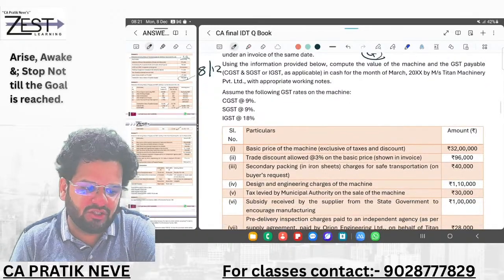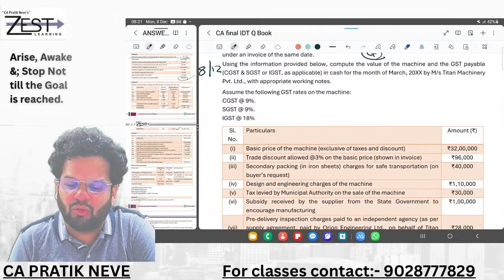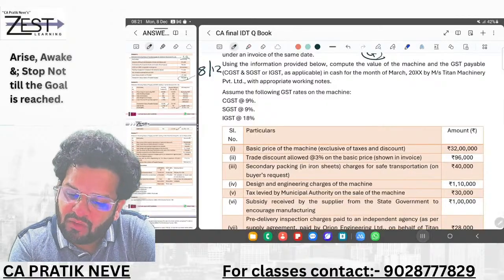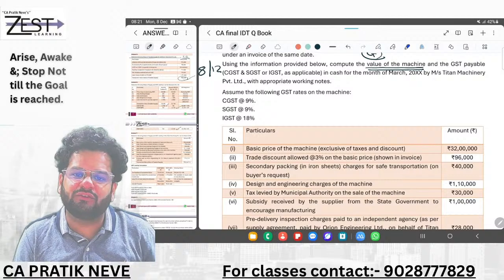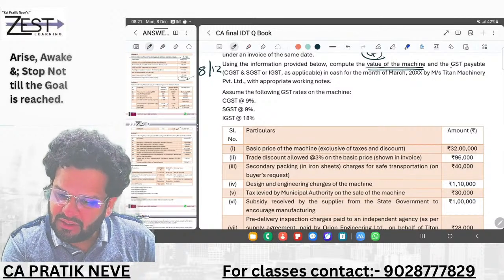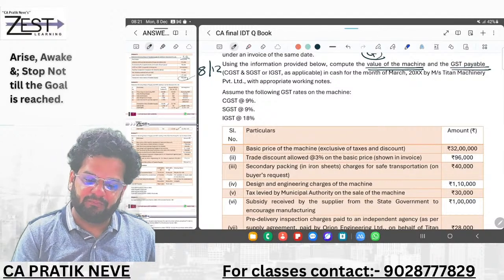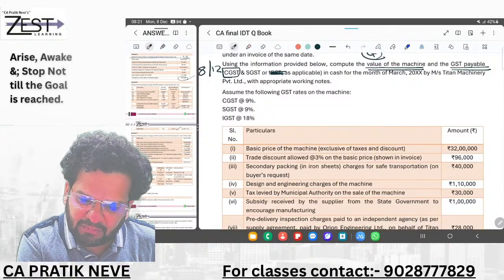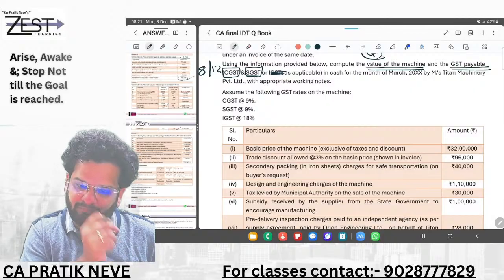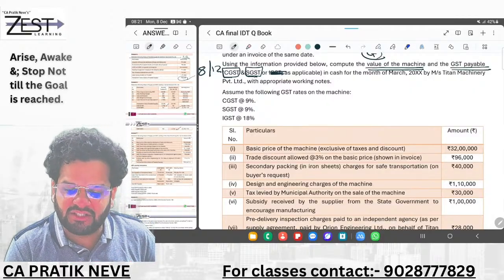Using the information provided below, compute the value of the machine. So yes, we'll have to calculate the value of the machine and GST payable. So IGST is not applicable in this case. It's an intrastate supply, so we will calculate CGST and SGST.